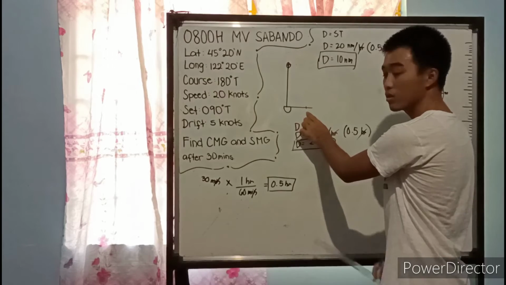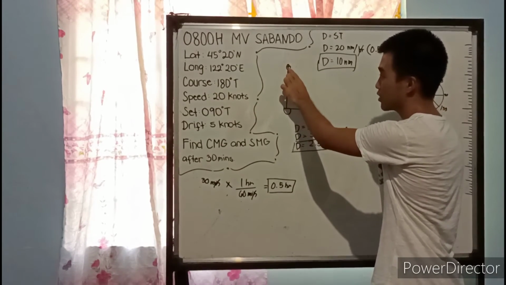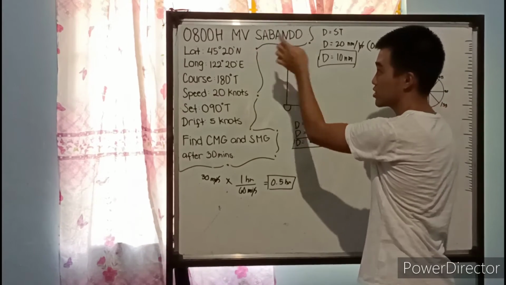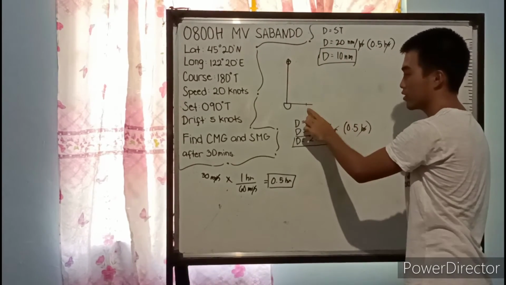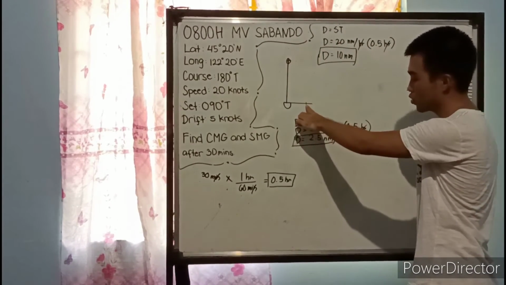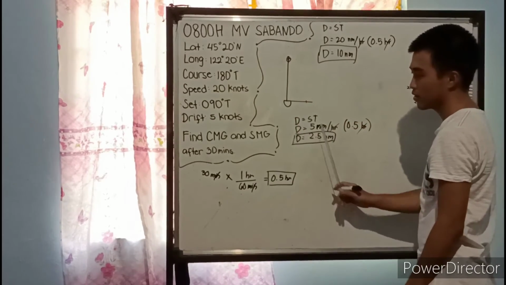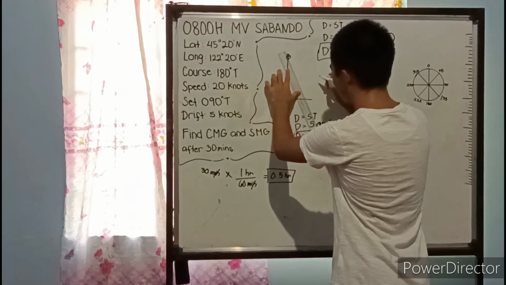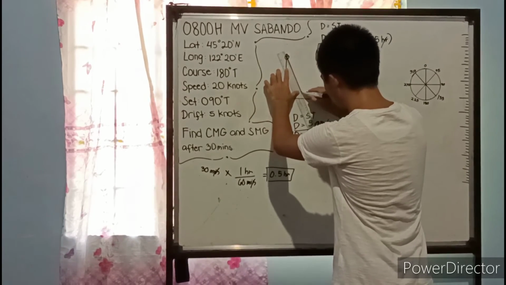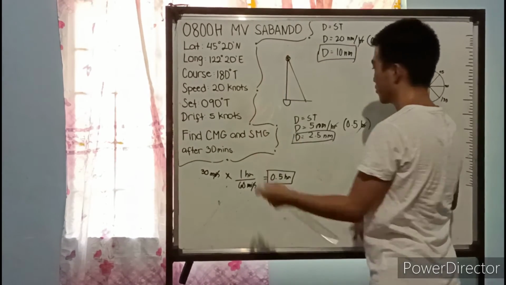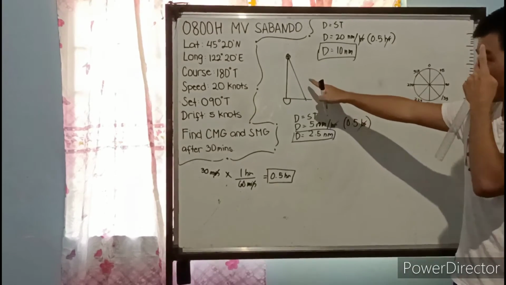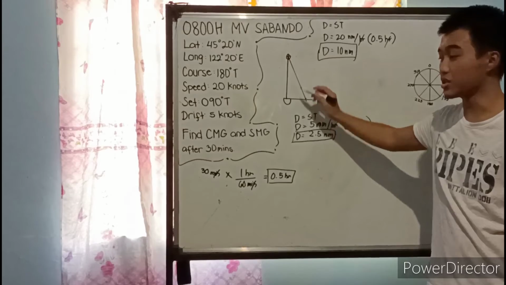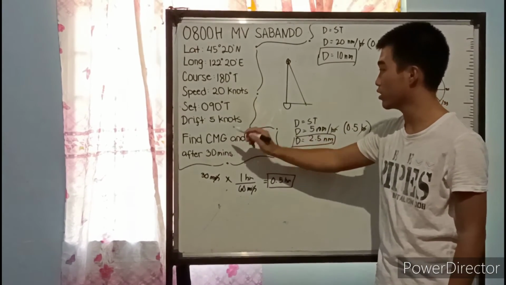So from here, we're going to connect the initial position, our position at 0800 hours, until the 2.5 nautical miles, which is here. So we're going to connect this. So this line will represent our CMG, or the course made good.